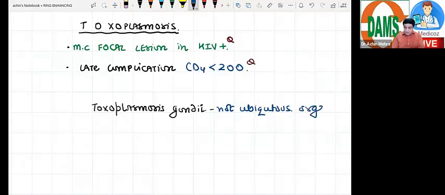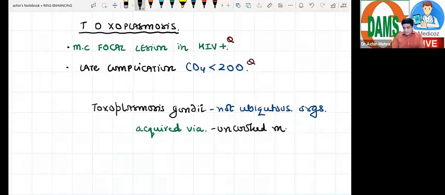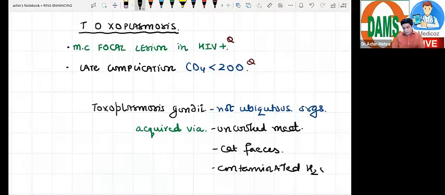So this is something which has to come into us. What are the main modes by which we can get this infection? It is acquired via 1, undercooked meat, 2, cat feces, and 3, contaminated water.